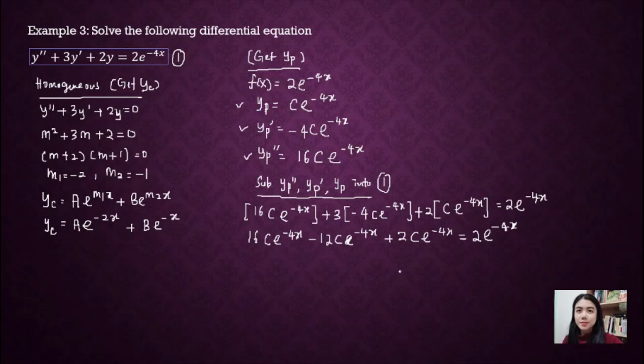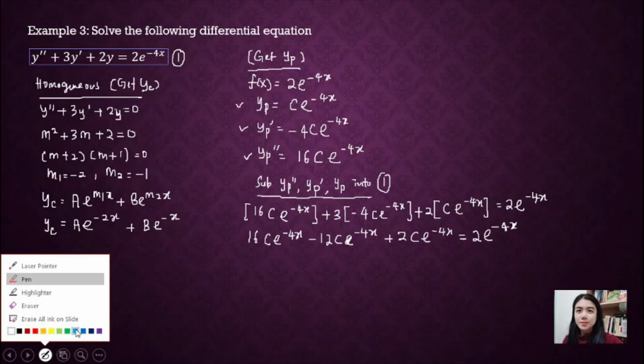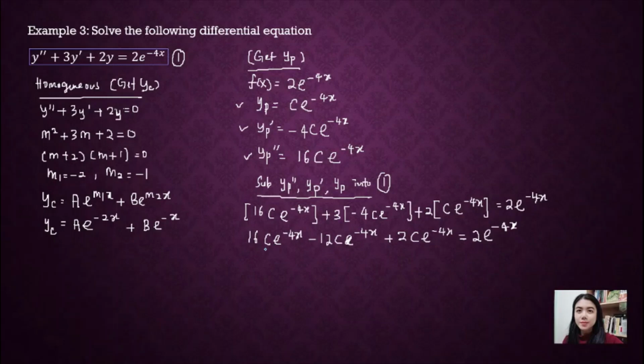Okay, and let's simplify it. You can see that all of the terms we have here are the e to the minus 4x term. So you can just take note of the numbers: 16 minus 12 plus 2, because all of them are the same terms.